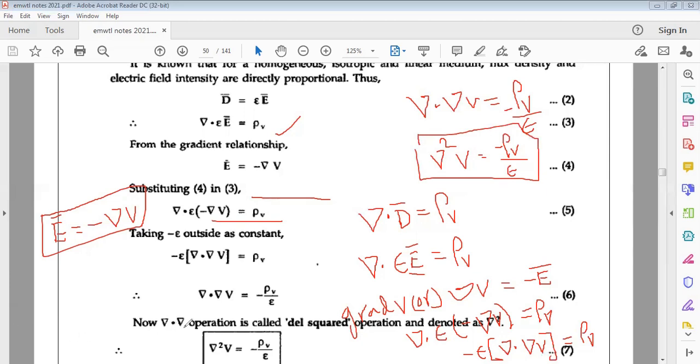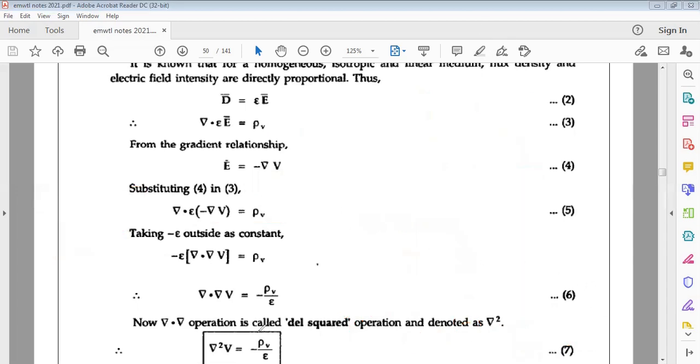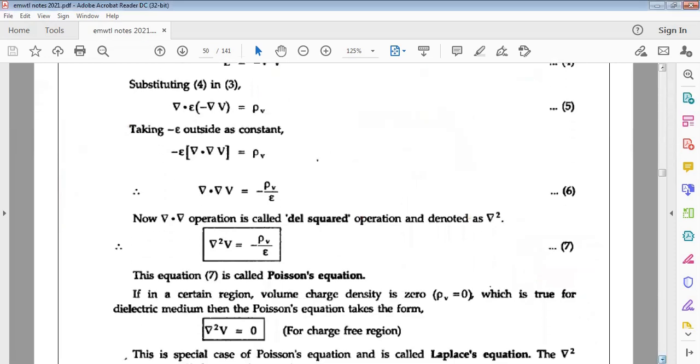Del dot del is called the del squared operation, denoted as del square. So del square V is equal to minus rho v by epsilon. This equation is called Poisson's equation.